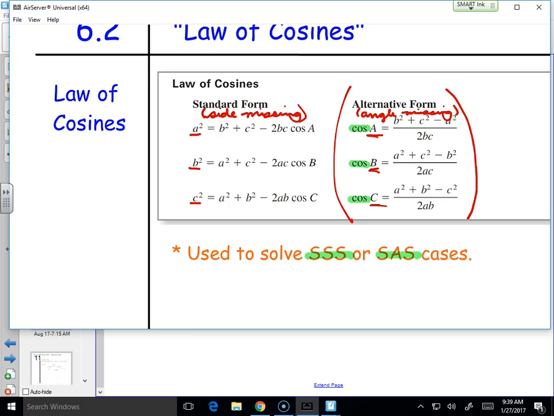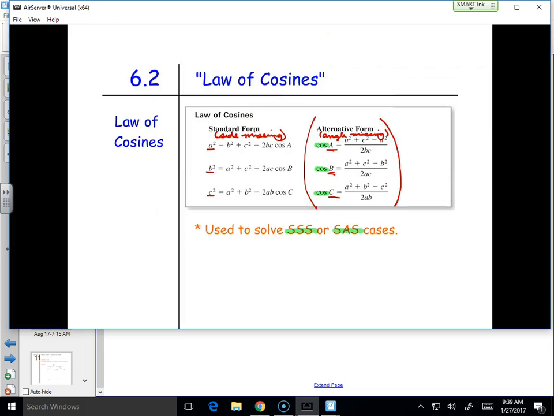That's the nice thing, because remember, cosine is positive in quadrants 1 and 4. Is a positive angle in a triangle cool? Yeah. Is a negative angle cool in a triangle? No. So with cosine inverse, we don't have to worry about the other possibility, because whatever cosine inverse gives us is the one and only answer, which is perfect.